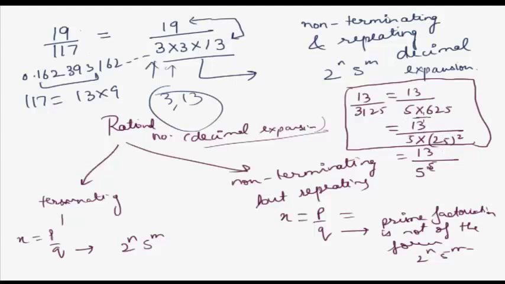Now clearly the prime factorization of the denominator involves only 5, and in the numerator we don't have any 5, so the numerator and denominator don't have common factors, and hence they are co-primes. Moreover, the denominator can be expressed in the form 2 raised to power n into 5 raised to power m only, without any other prime factor, that is 2 raised to power 0 into 5 raised to power 5. Thus we can say that the decimal expansion of this number is terminating.